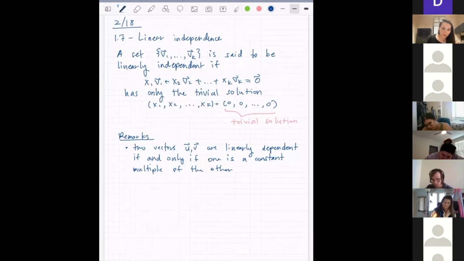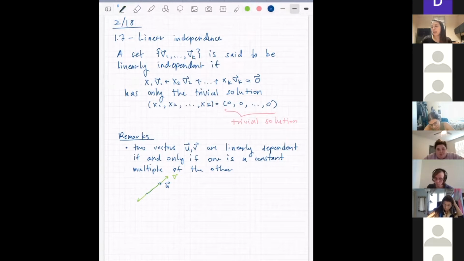So if we have u, it looks like this. Then if u and v are linearly dependent, that means that v has to be something along the same line, or it could be going in the other direction, but a constant multiple of that vector u.